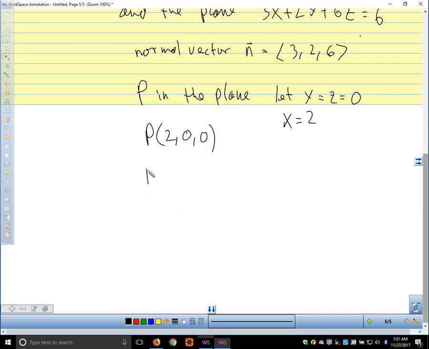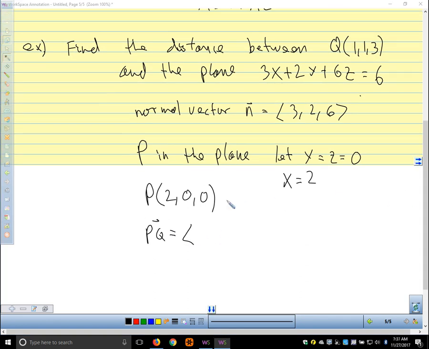So then my vector PQ is, in this case, with Q being (1, 1, 3), PQ would be (-1, 1, 3). And my distance is the absolute value of n dot PQ over the magnitude of n.